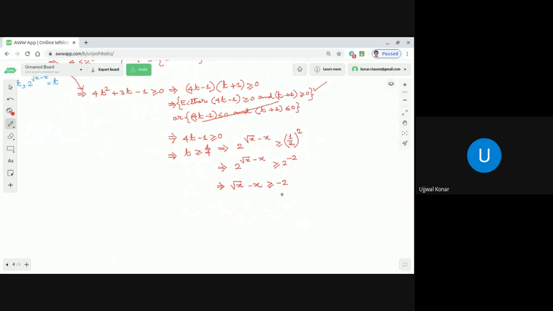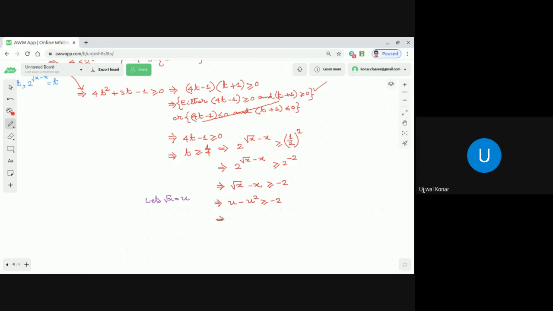So now here also we'll make an assumption. What assumption we'll make? Let's take a different color. Let us take that square root of x is equal to u. Then what are we going to get from here? So that implies u minus u square is greater than or equal to minus 2. Correct or not?